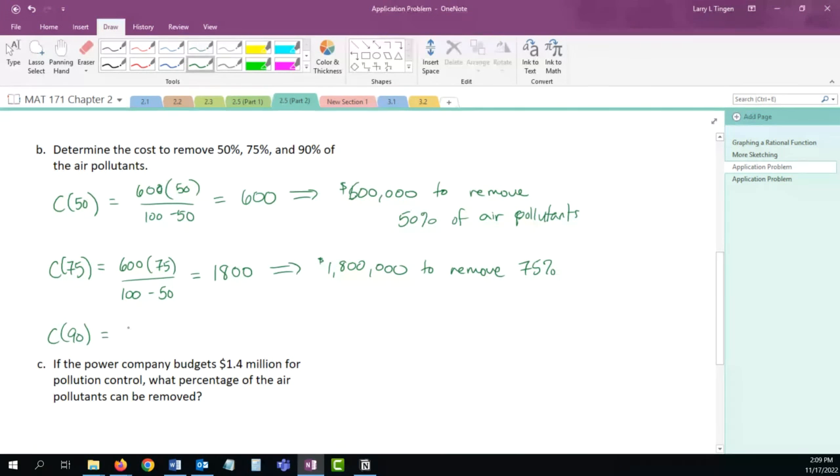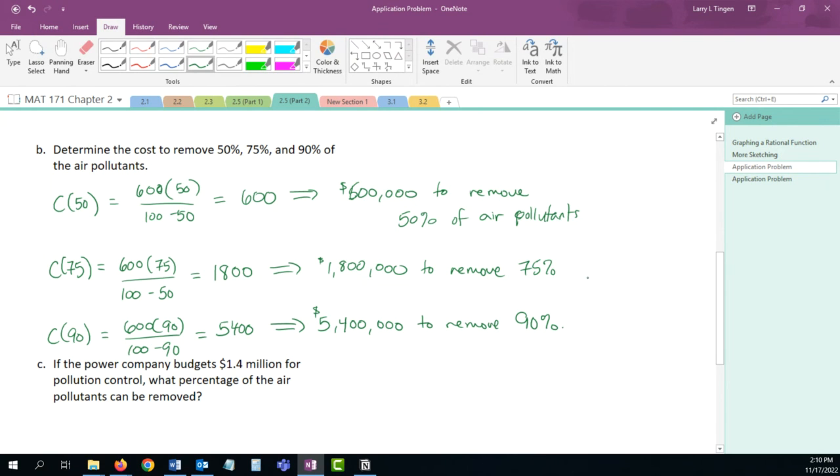What's it going to cost me to do 90%? That is going to cost me $5,400,000 to remove 90%.